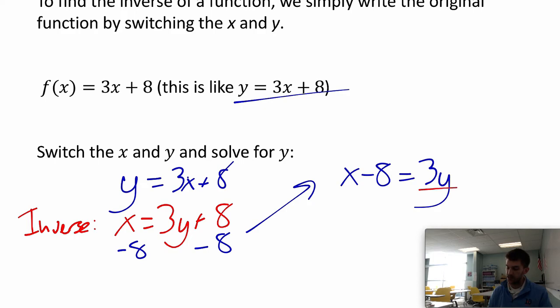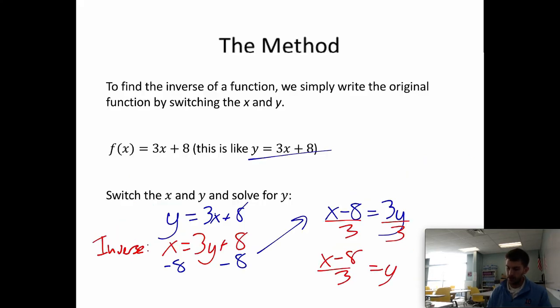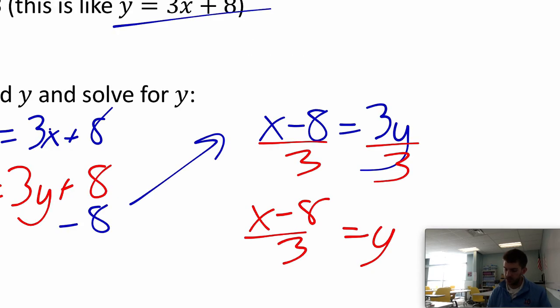To get y all by itself, we're going to divide both sides by 3, and we end up with x minus 8 over 3 equals y. Now, proper notation on this one, we're going to say f inverse of x equals x minus 8 over 3.